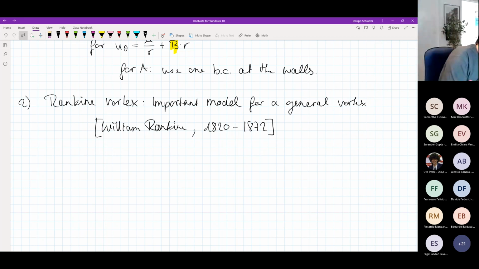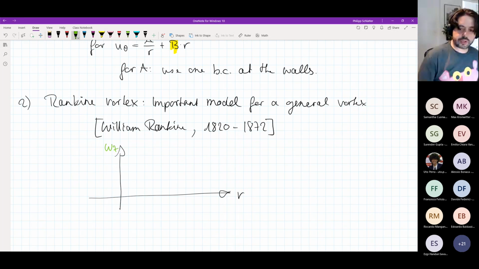So that means if you look at the vorticity distribution, if I just try to draw it here as a function of the radius, I would first plot the vorticity, so the omega z component, and then this is the radial component.